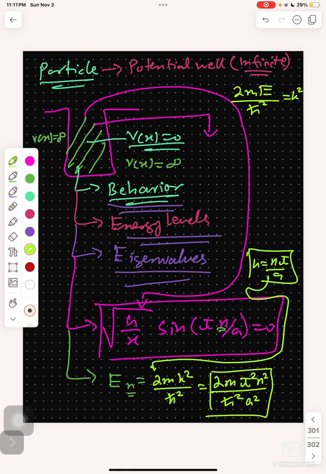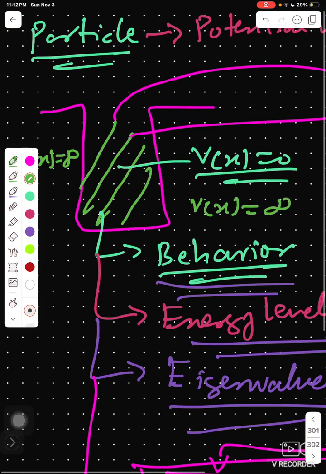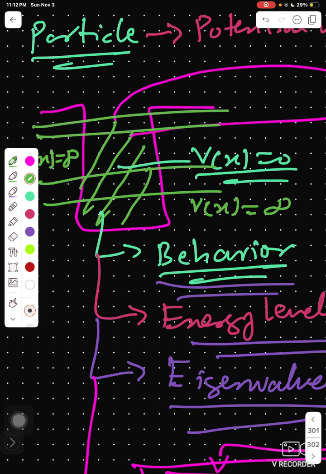This tells about the energy at each energy level and what the particle will look like, because in this we actually see we have energy levels: energy level 1, energy level 2, energy level 3.